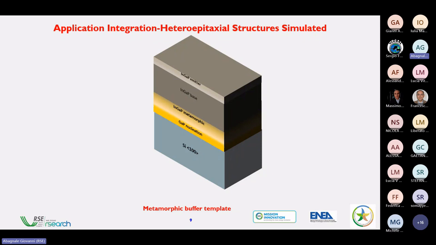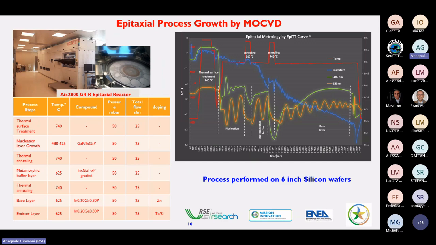Based on the results of this simulation, we also performed the growth of this structure using an epitaxial reactor, an MOCVD reactor. This slide summarizes the results using this equipment, and it is also possible to see the parameters used during the process.